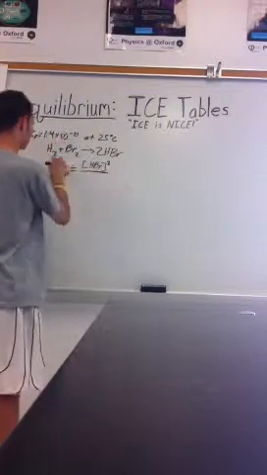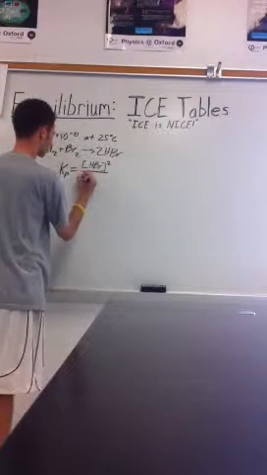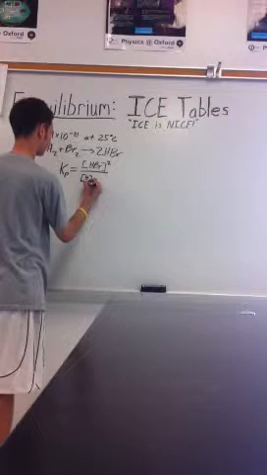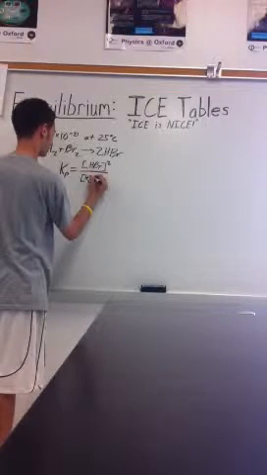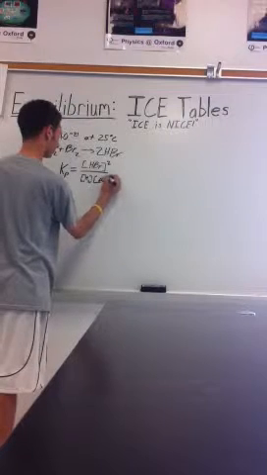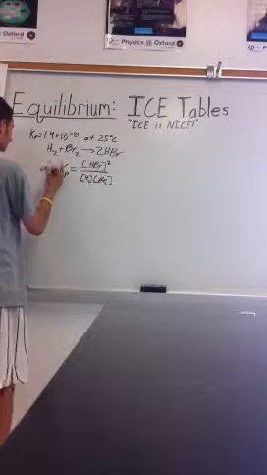That's over the reactants. There's 1 mole of hydrogen and 1 mole of bromine, so H2 and Br2. So that's part A. That's your Kp expression.